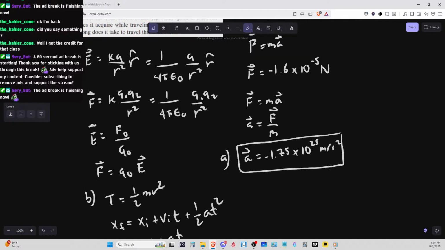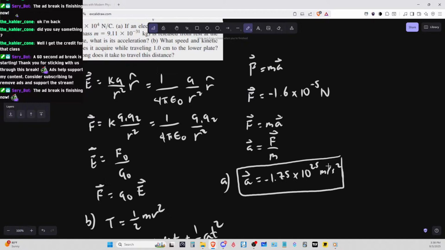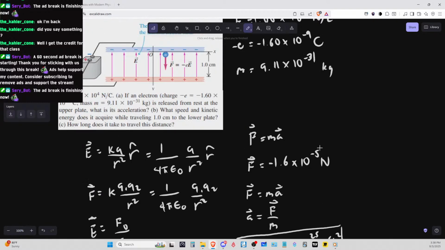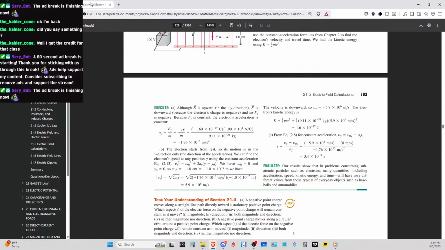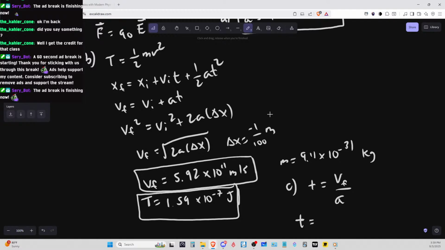Okay, what was off about my calculation? Because I plugged in the numbers right. So why is it that I got 20? Did I misread a number? Because this one says 10 to the 15.